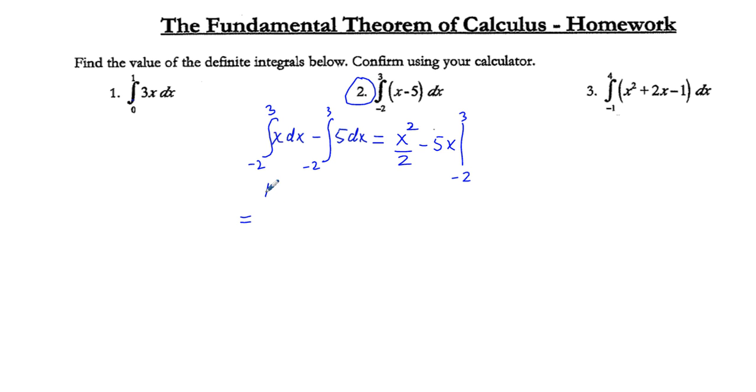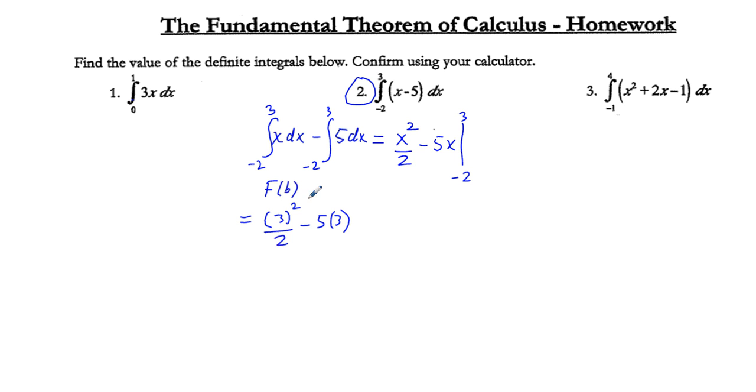So working below, I'm bringing it down a row and to the left. We're going to have our big F of b, which is going to be, in place of x, 3. So you have 3 squared over 2 minus 5 times 3.